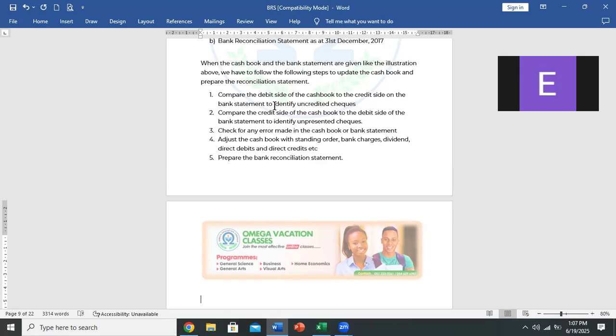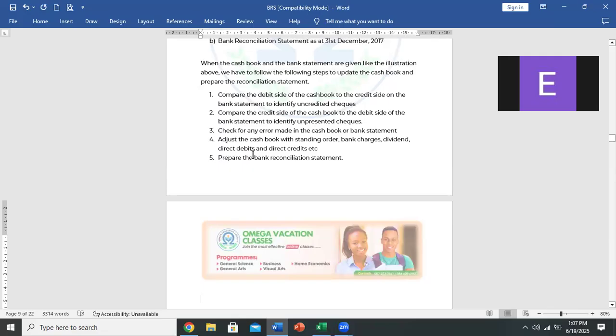And I remember demonstrating this in our previous class. 2, compare the credit side of the cash book to the debit side of the bank statement to identify unpresented checks. 3, check for any errors made in the cash book or the bank statement, right? 4, adjust the cash book with standing order, bank charges, dividend, direct debits, direct credits, etc., and prepare the reconciliation statement.